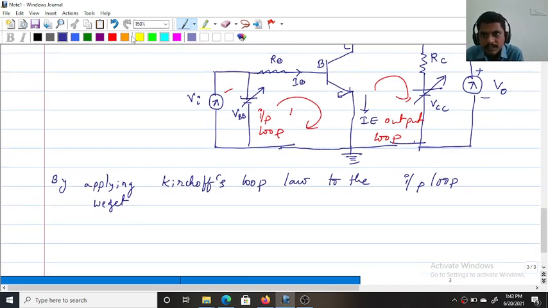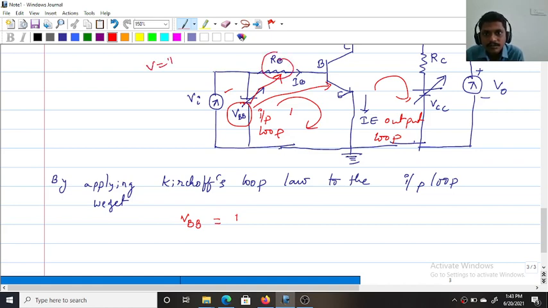The voltage applied is utilized by two components, one a resistor and another the transistor. Therefore, VBB, the voltage supplied, is utilized by two components. What is the voltage across the resistor?